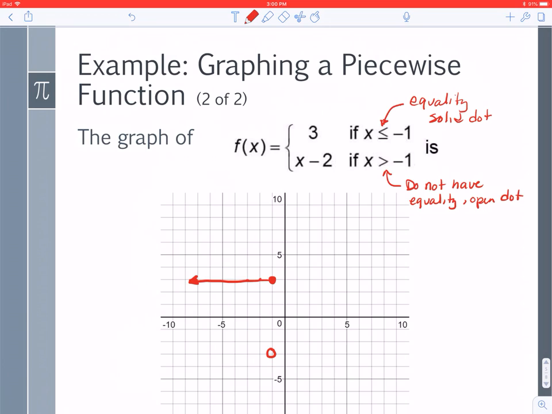An open dot. Okay, and now we can plot the other 2 points. We had 0, -2, and 1, -1, and then we can graph this by connecting the dots. So the second piece of this function looks like that line. Again, why do we have an open circle at -1, -3? Because -1 is not included in that piece of the function, so we graph it with an open dot.